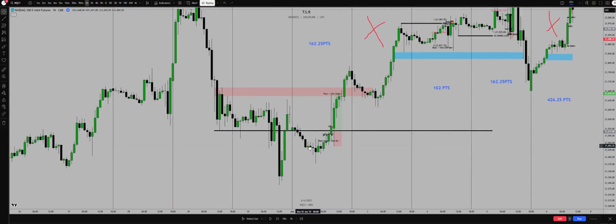Okay, what is the London Twilight? Basically the same thing as the 9 a.m. CR model, but during the hours of 3 a.m. up until 5 a.m. You use the 2 o'clock range or the 3 o'clock range. Usually you want to see the purge happen at 3 a.m., but sometimes it will happen at 4 a.m. If it happens at 4 a.m., that's when you use the 3 o'clock candle as the range.